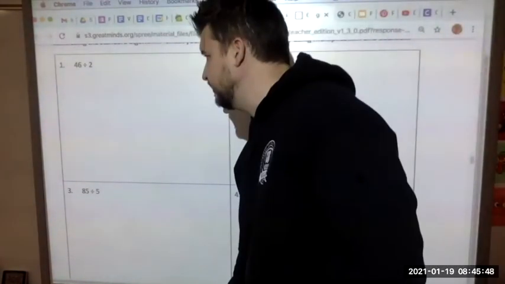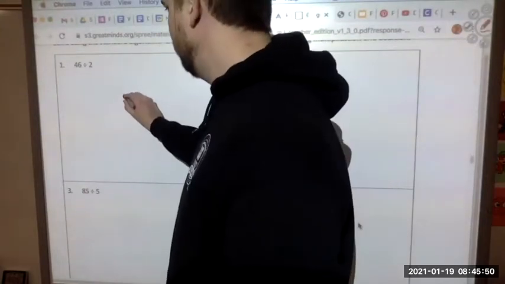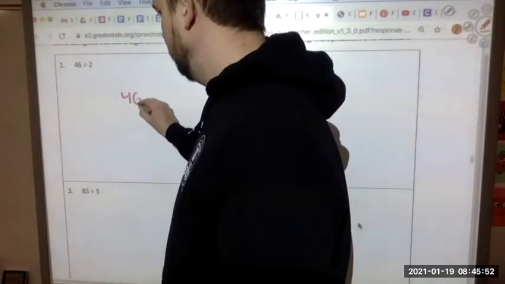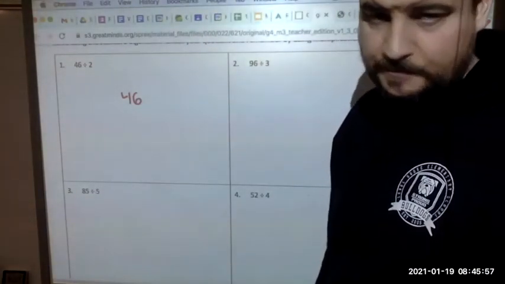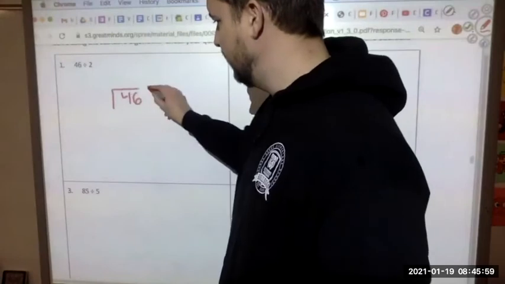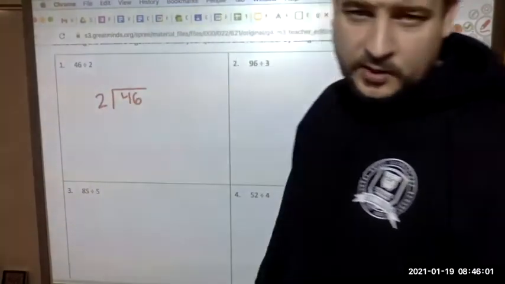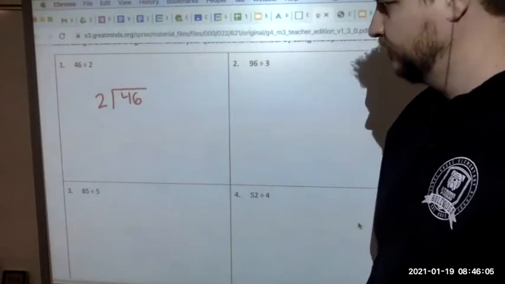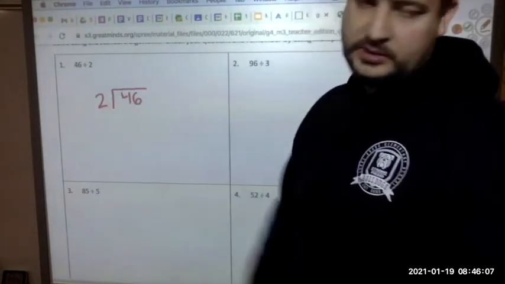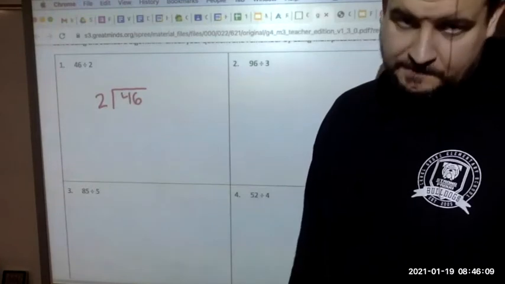We've got 46 here. So we're going to set up our problem. The biggest thing about these style problems is running out of space. Okay, 46, and we're dividing by 2. 46 divided by 2. We're trying to get as close to 46 as we can.